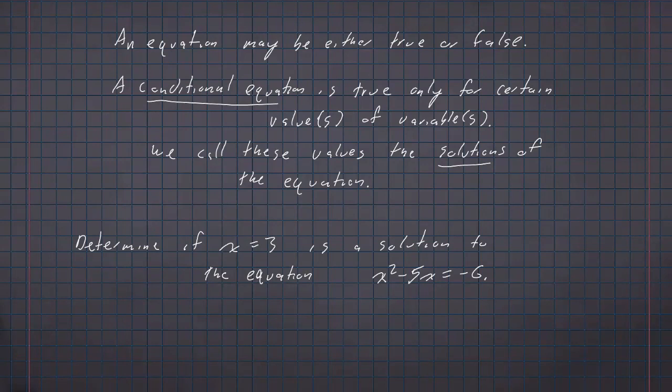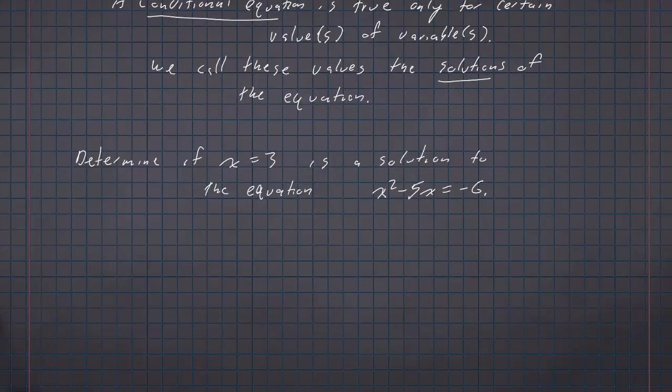For example, we might be asked to determine if x equals 3 is a solution to the equation x squared minus 5x equals negative 6. In order to determine that, we evaluate the expression on each side of the equal sign for that value of the variable.